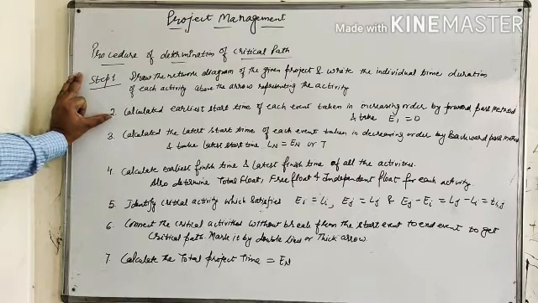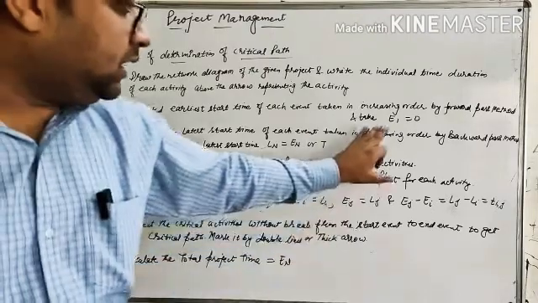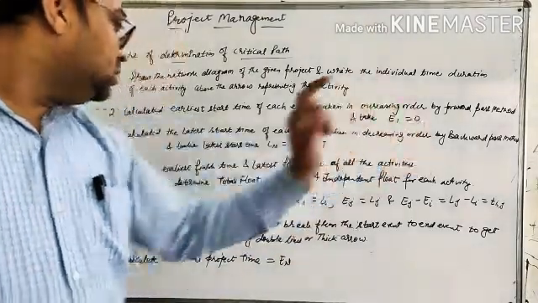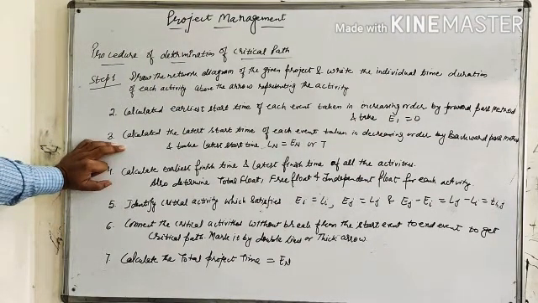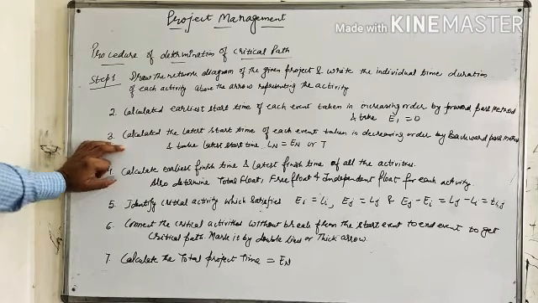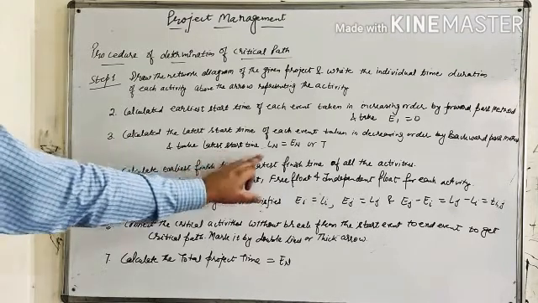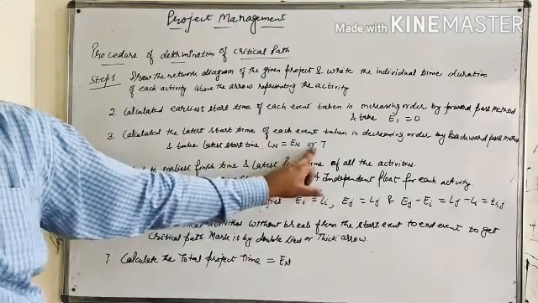Number 2, calculate the earliest start time of each event, taken in increasing order, by the forward pass method, and take the earliest start time of start event 1, that is E1, equals 0. Then calculate the latest start time of each event, taken in decreasing order, by the backward pass method, and take the latest start time Ln equals En or capital T.